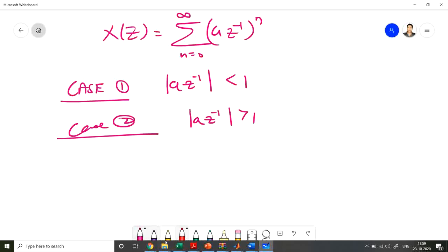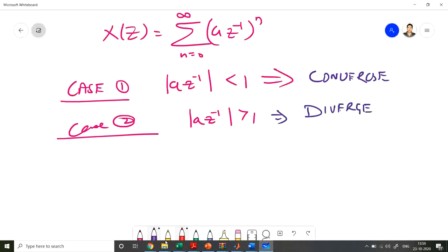In which case will the series converge and in which case will it diverge? If we see carefully, we will find that if the modulus of a z inverse is less than 1, then the series will converge, and in the other case the series will diverge. So this is the case of divergence, this is the case of convergence.